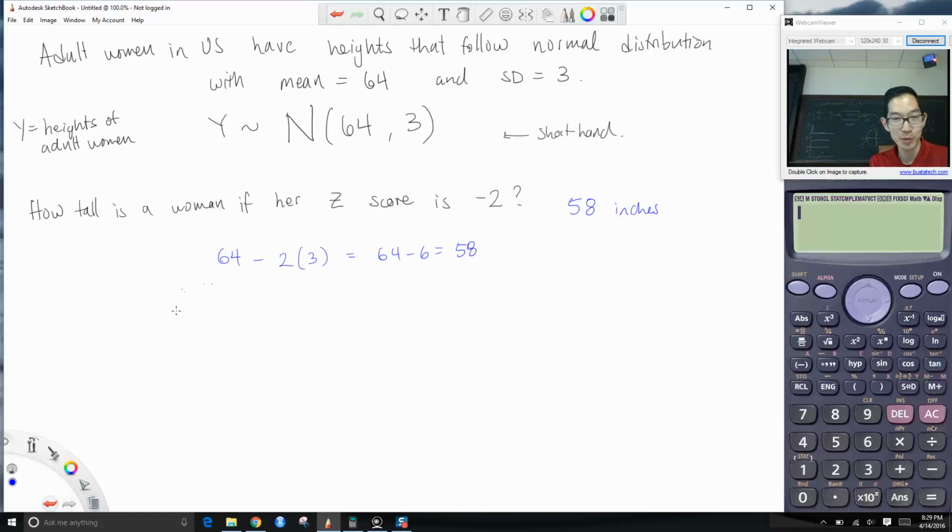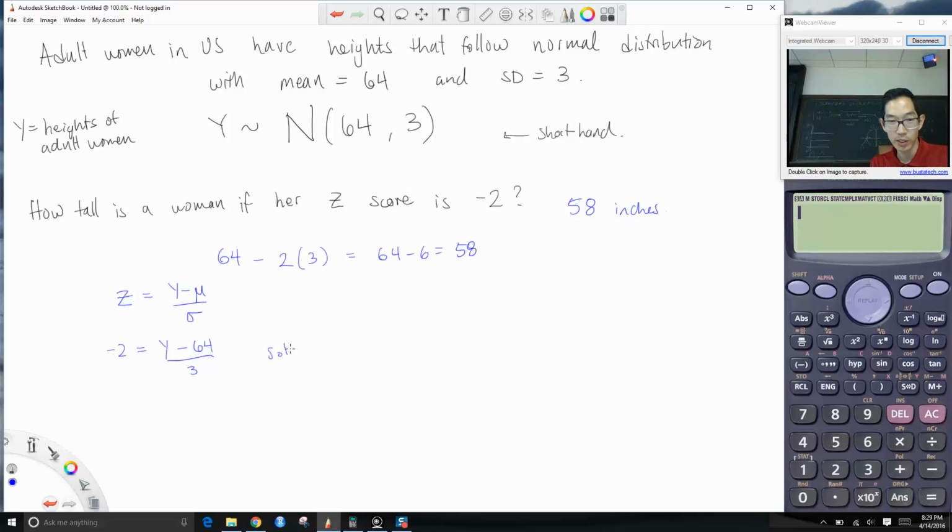I think that's what I did in my head. But another way is you could say, well, I know z is y minus mu over sigma. So I can say z is -2, I'm looking for y, I'm going to subtract off the mean of 64, and my standard deviation is 3. Then you would solve for y.